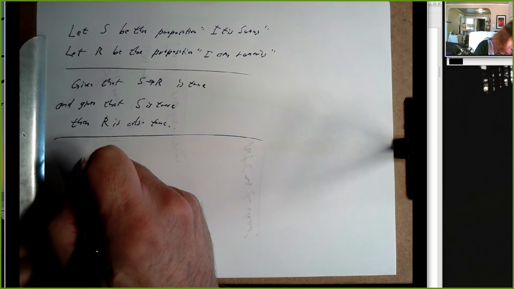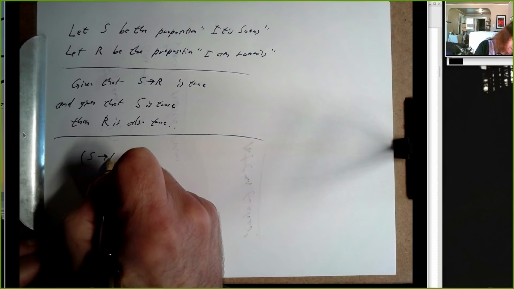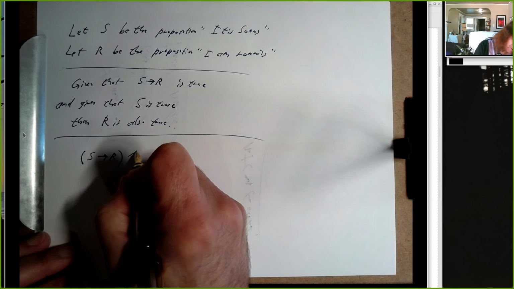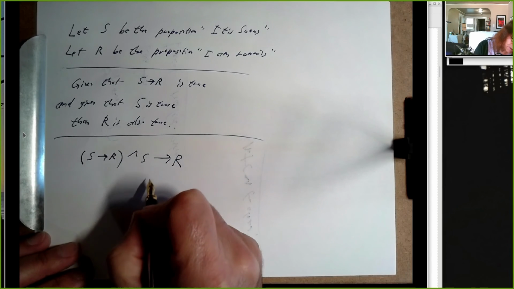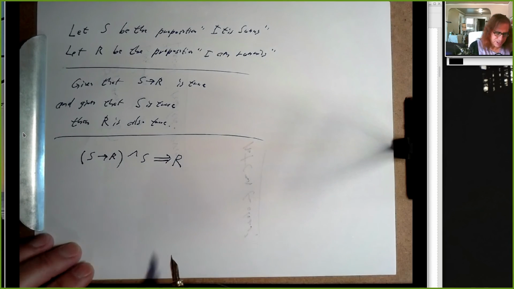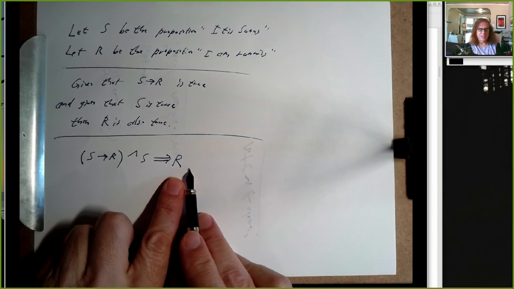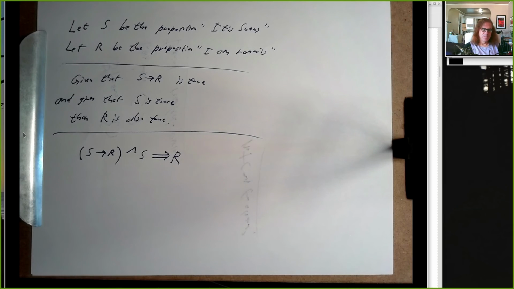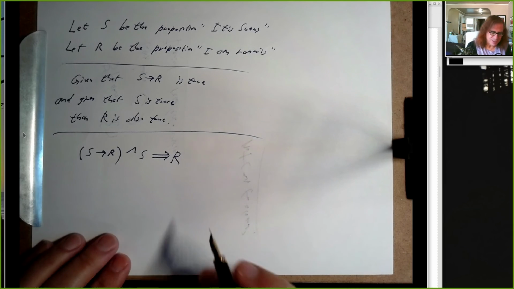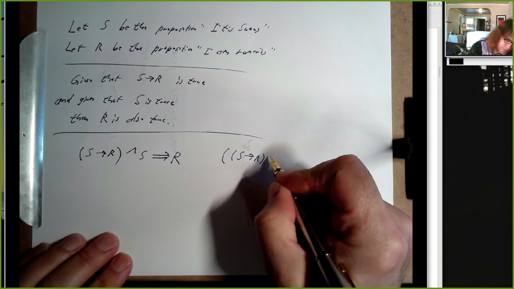So what does this look like in the language of propositions? If this is true and S is true, then R is true. And we might draw a double arrow here to make sure we understand that it's this stuff over here that implies that thing. All right, we could also use parentheses.